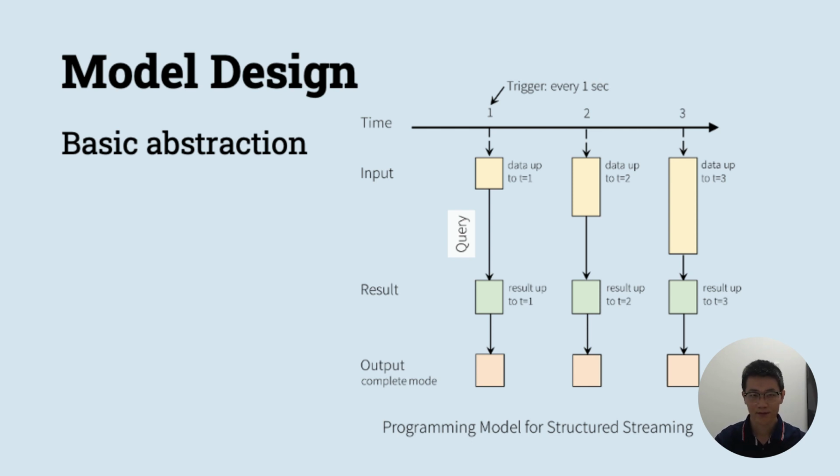The output represents our decision regarding which data from this intermediate state needs to be outputted to the downstream sink, and at what point in time this data should be outputted. This relates to the output mode I mentioned earlier. We'll dive deeper into this in subsequent discussions.